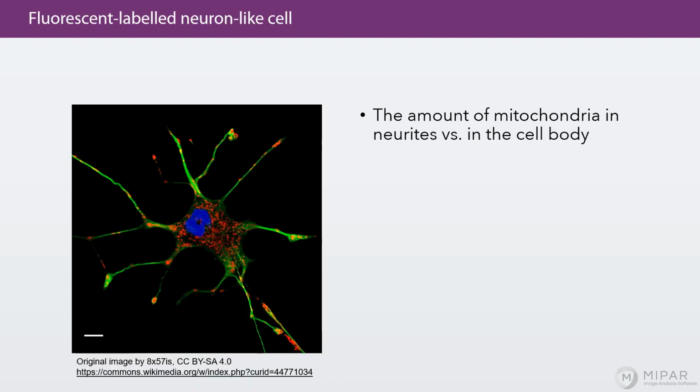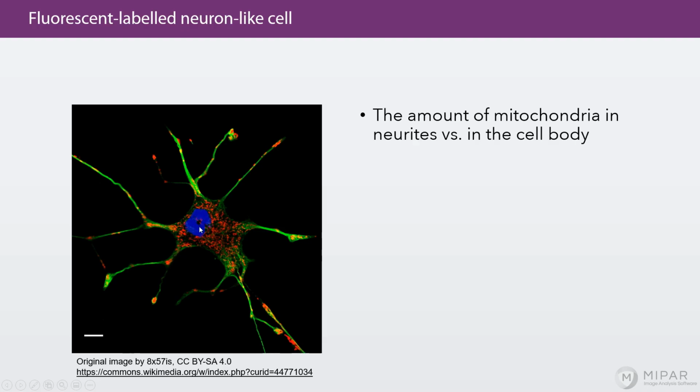And our last image is a fluorescent-labelled neuron-like cell. The cell has its cell body here in the center, and the neurites extending out. The cell itself is labeled with 3 different stains. We have the cytoskeleton, some neurotubules stained in green, and this defines what is cell and what isn't.